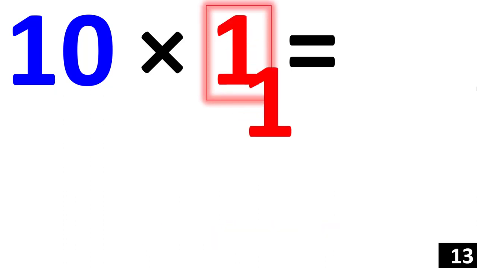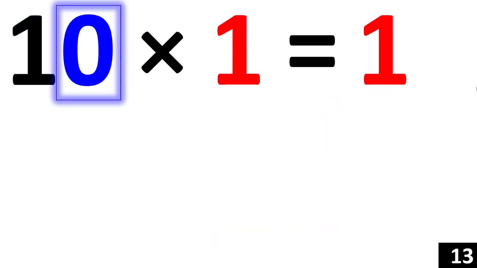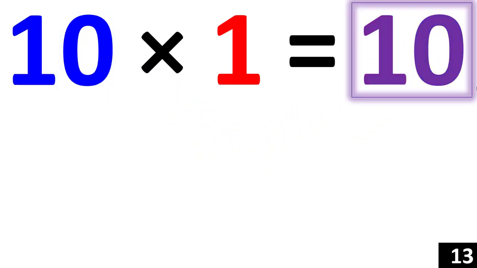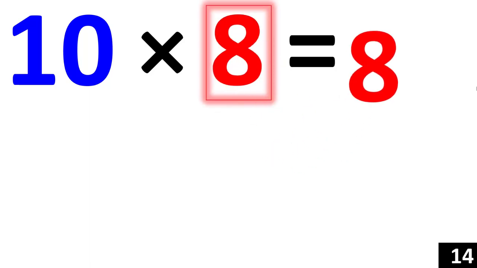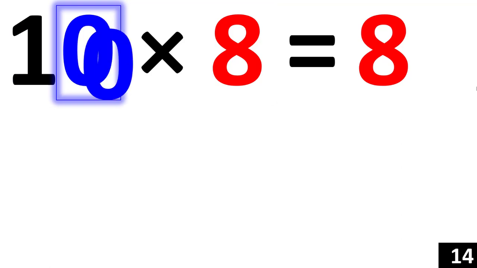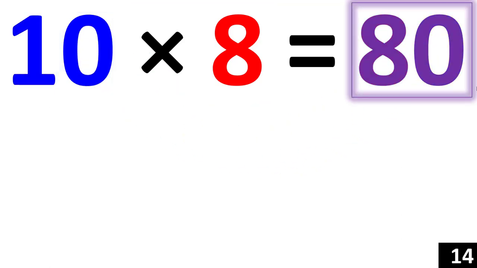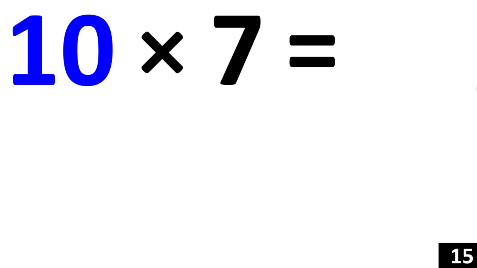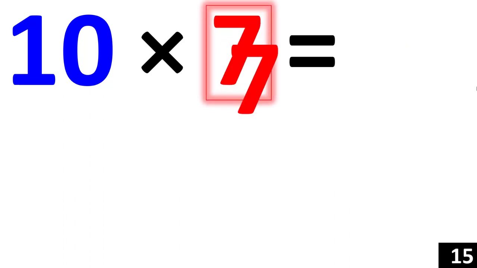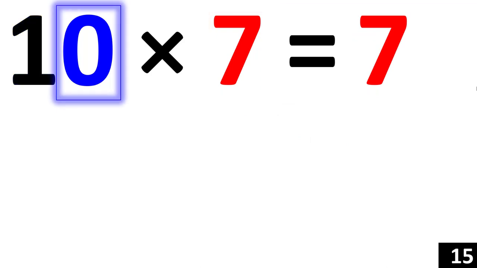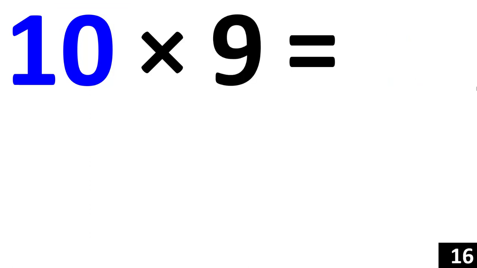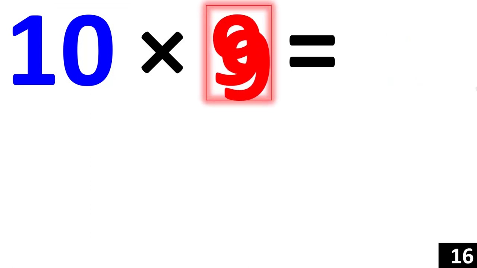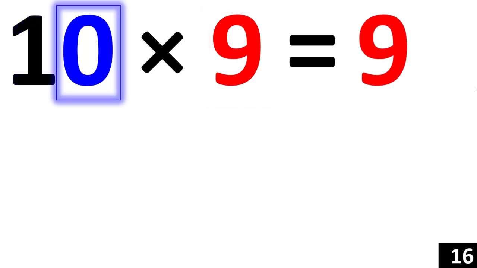So 10 times 1 is a 1 with an added 0. 10. 10 times 8 is 8 with an added 0, which is 80. 10 times 7 is a 7 with an added 0. 70. 10 times 9 is a 9 with an added 0. 90.